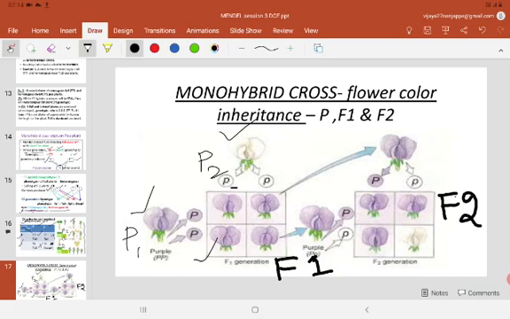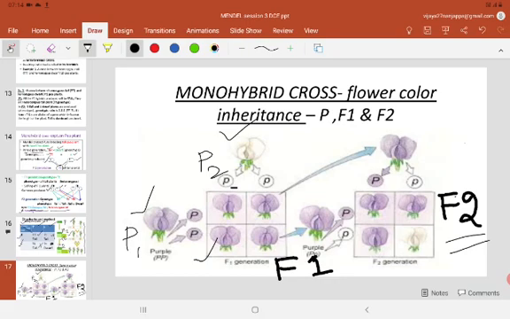Now, when selfing of the F1 takes place, that results in F2, wherein we get a 3:1 ratio of the flowers, 3 purple colored flowers and 1 white colored flower. For example, if 400 plants are produced, then out of that 299 or 298 plants will bear the purple flower and the remaining will bear the white flowers.